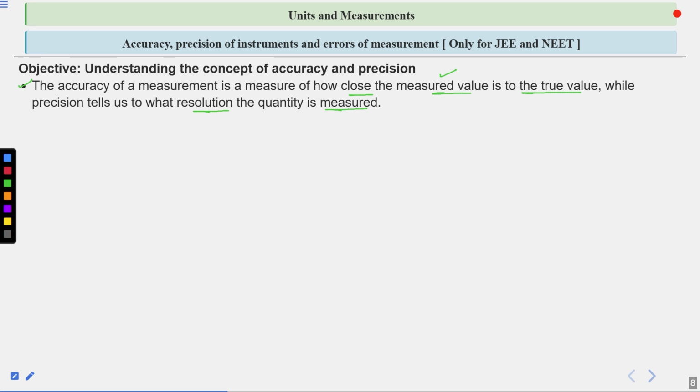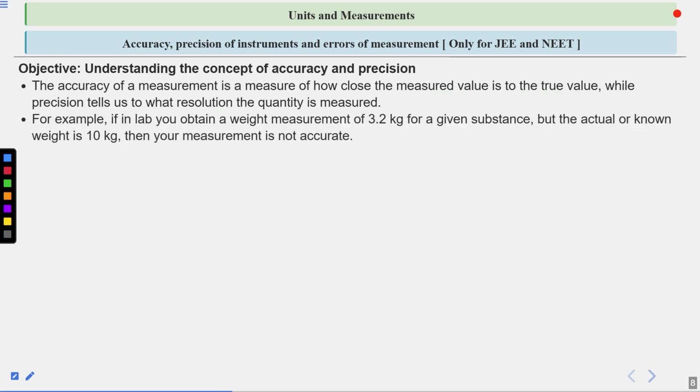Suppose we have two values. First value is the theoretical value. Second value is the experimentally measured value. So when we compare both the theoretical value and the experimental value, from the comparison we can calculate the accuracy between them, while precision tells us what resolution the quantity is measured.